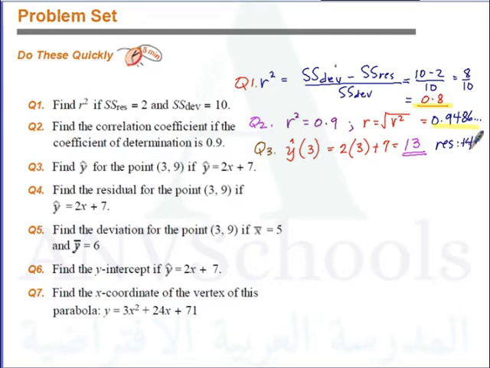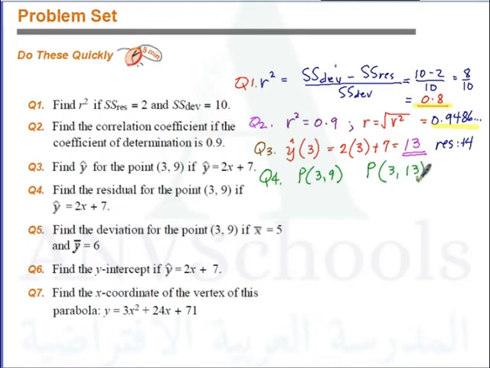Question number 4: find the residual for the point (3, 9) if y hat is 2x plus 7. So the point is (3, 9), and our y hat is 13.